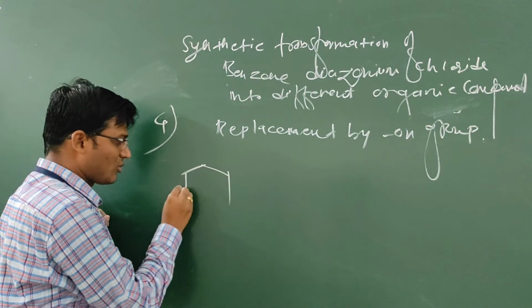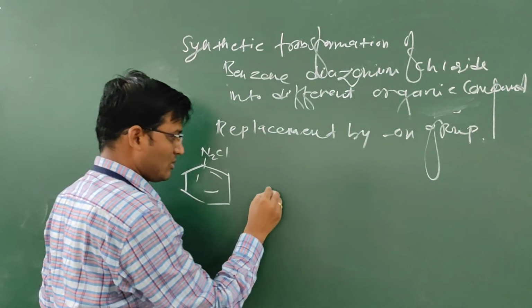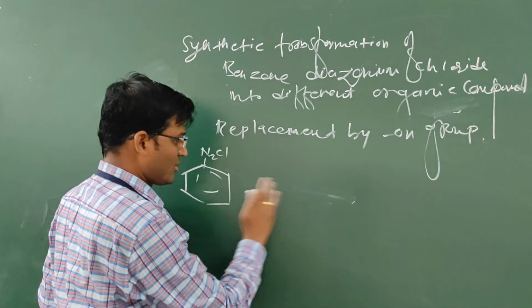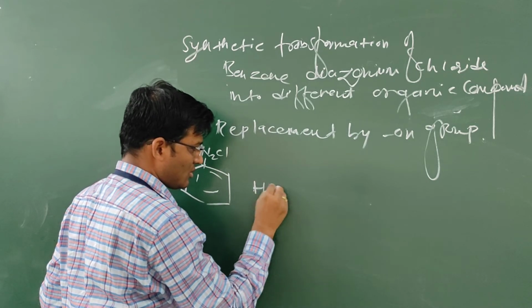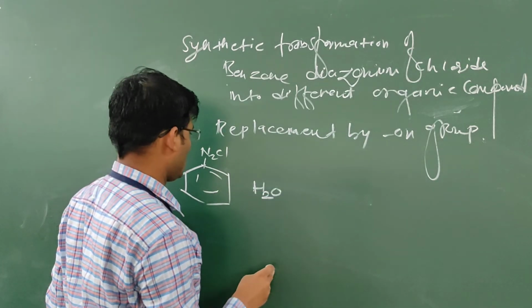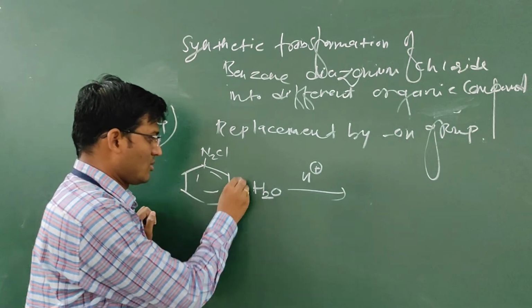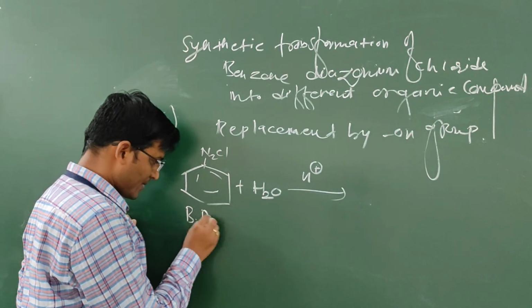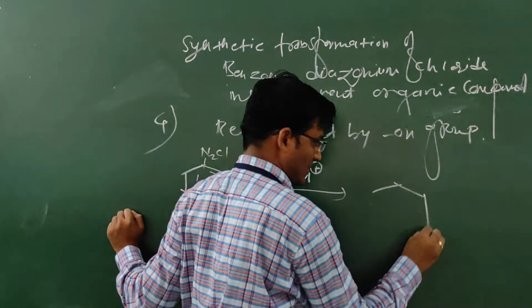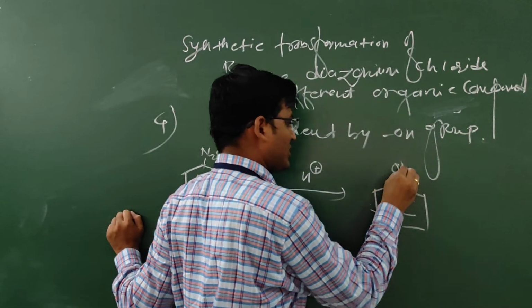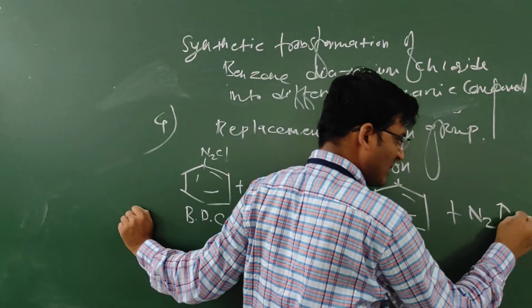When benzene diazonium chloride, N2Cl, reacts with an aqueous solution of dilute H2SO4, in presence of H positive, it forms phenol, OH. Here HCl and N2 are also formed.